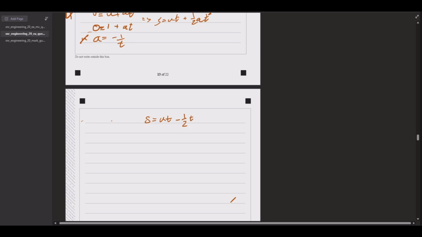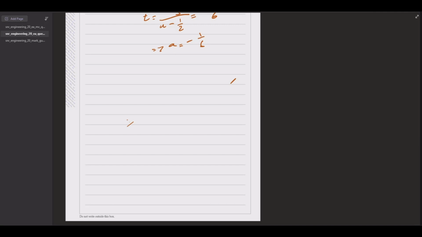Okay, that's subbed. Initial velocity 1 minus a half, it's going to give us half, so t equals 6. It follows that acceleration is going to be negative 1 over 6 then.